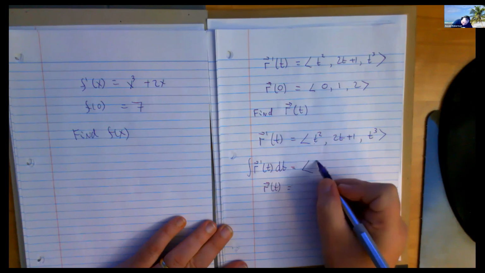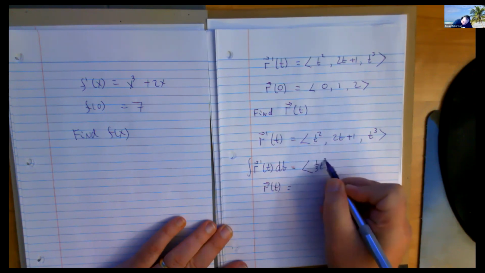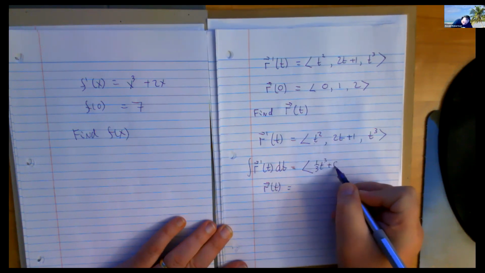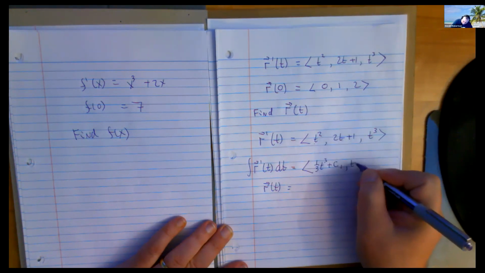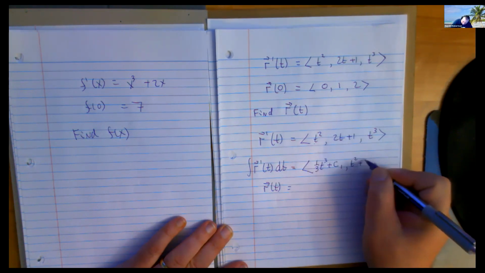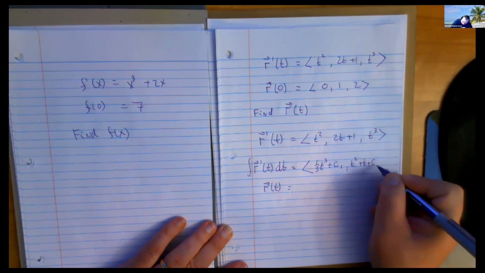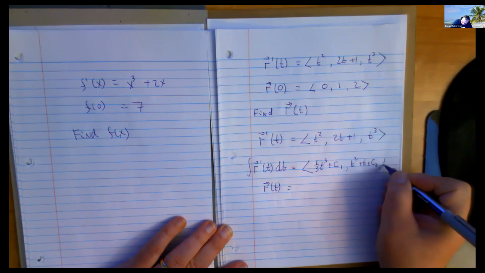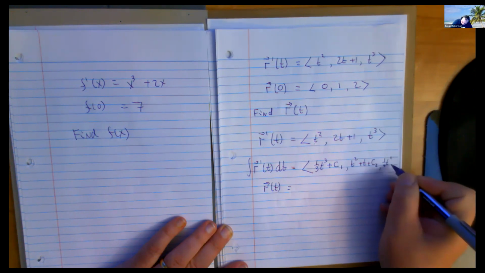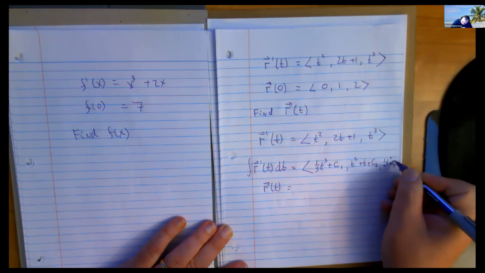That guy is going to be 1/3 t cubed plus an unknown constant, which I'm calling c1. This guy is going to be t squared plus t plus an unknown constant, which I'm going to call c2. And this fella here is going to be 1/4 t to the 4 plus an unknown constant c3.